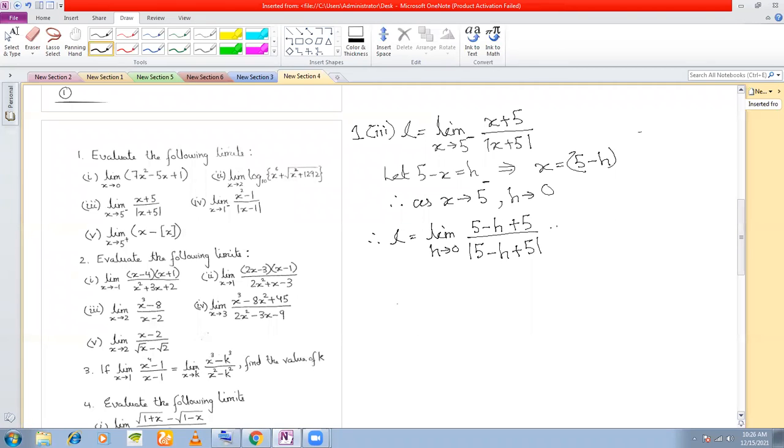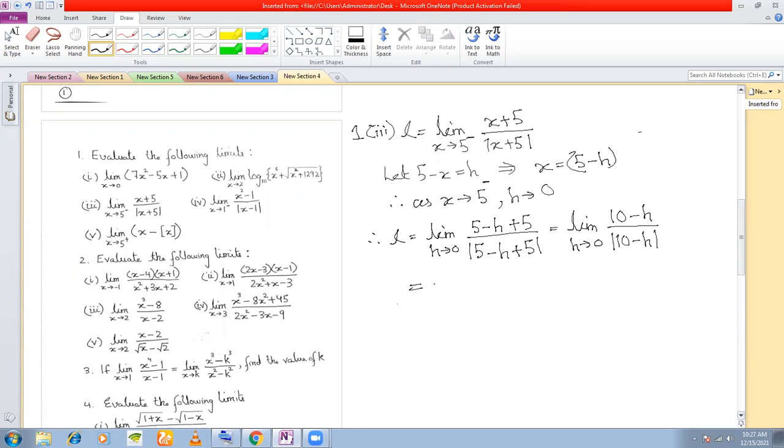Right? So what do I get? Limit h tends to 0. In the numerator, I get 10 minus h, and in the denominator, I get mod 10 minus h. Now, what is the value of mod 10 minus h? If h is a number that is very small and very close to 0, then 10 minus h will be a number that is positive and very close to 10, right?